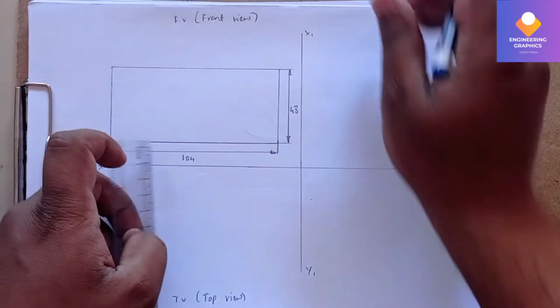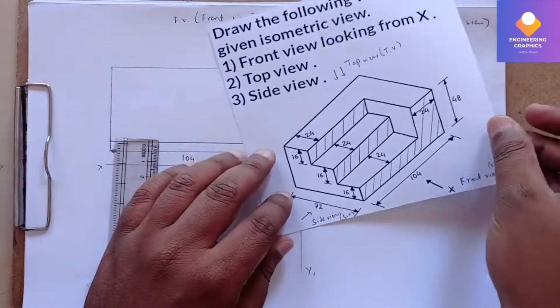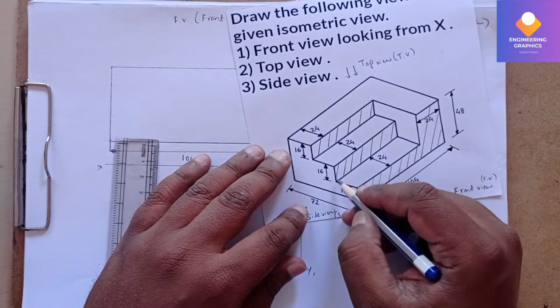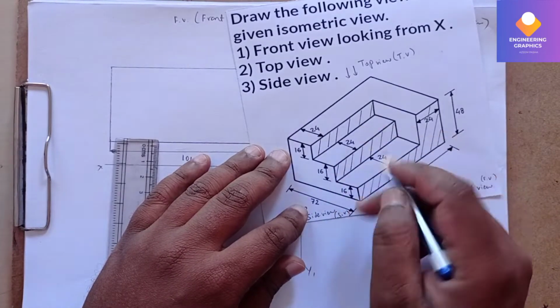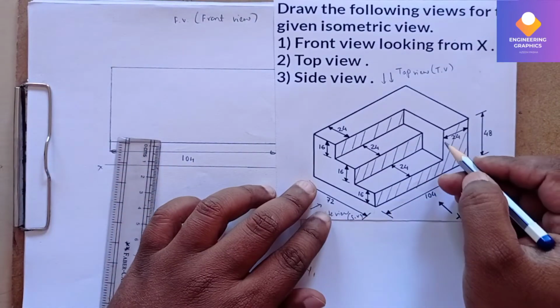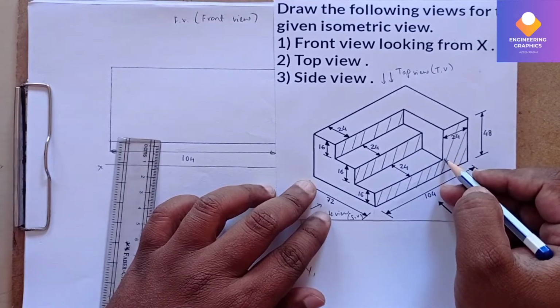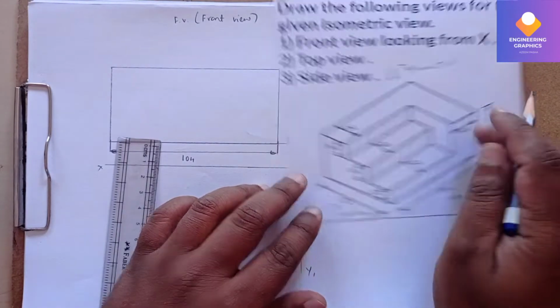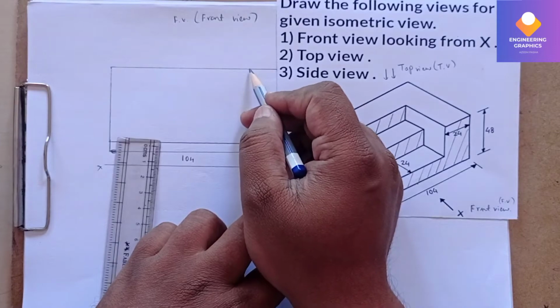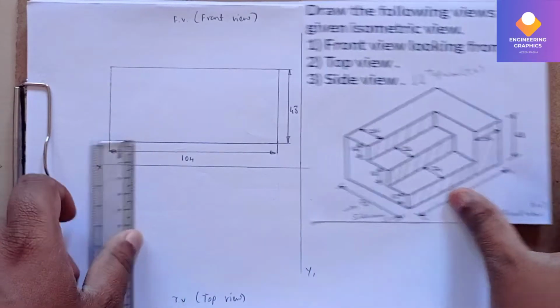Now analyze the diagram. In the diagram you can see the L-type shape component we should get, with a height of 16, and from there a dimension of 24. So we can mark 24 and then 16.